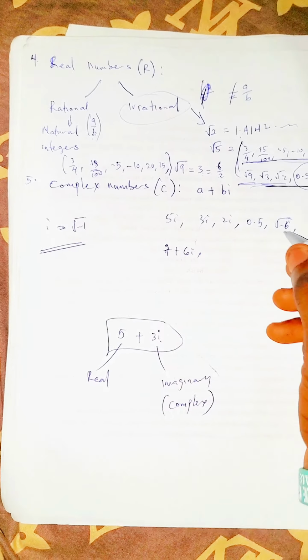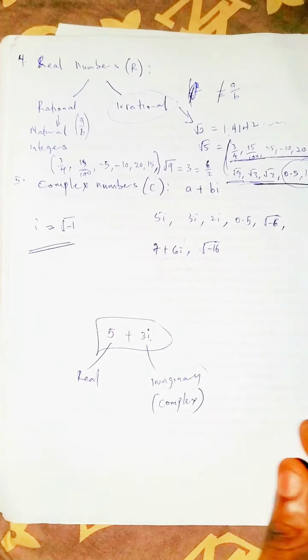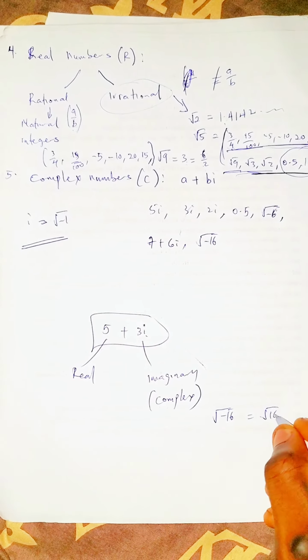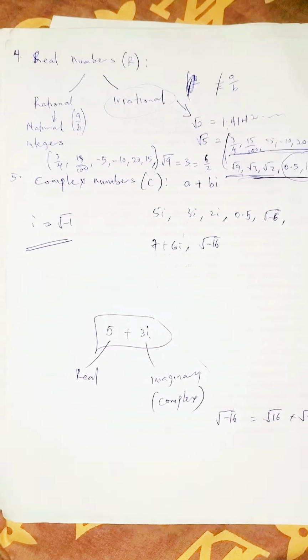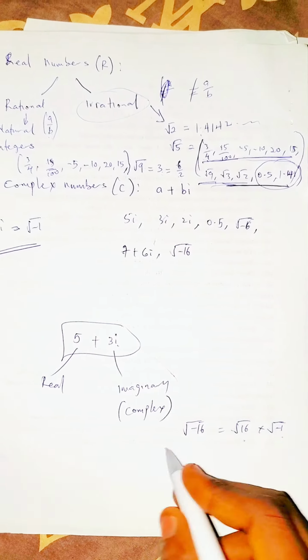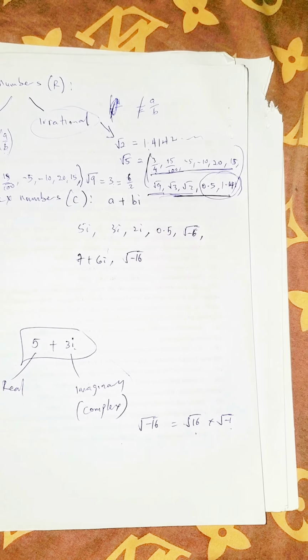Now if you see this, I can have root minus 16. On a particular day, I can have root minus 16 equal to root 16 multiplied by root minus 1, according to the law of surds. Root 16 multiplied by root of minus 1 will give me root of minus 16.